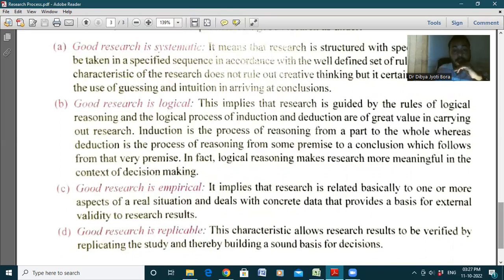Systematic means you are following some proper sequence. Logical means whatever rules you have applied, there should be some basis for why you are applying those things, those phases, right? Some algorithm you have applied, why you are applying that. Then good research is empirical, which means it should be experimentally proved.